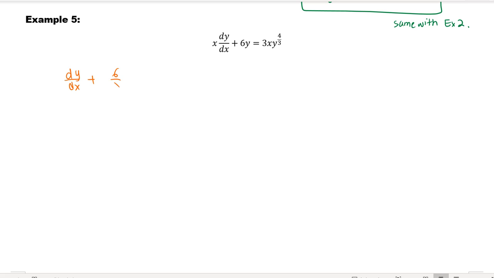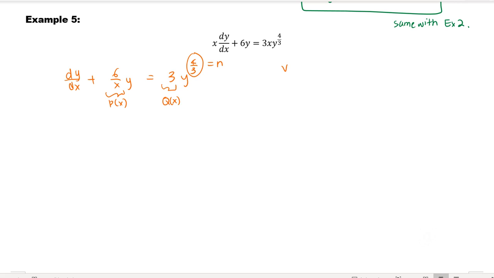So 6 over x times y. Here, x cancels, so 3y to the 4/3. So this is p, this is q, and the n is 4/3.